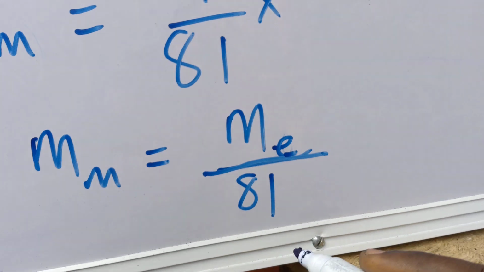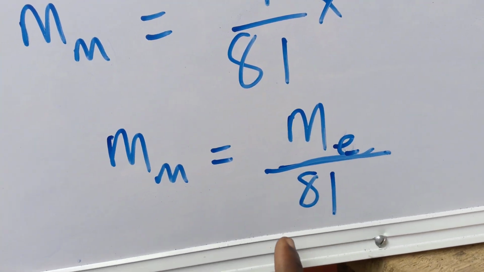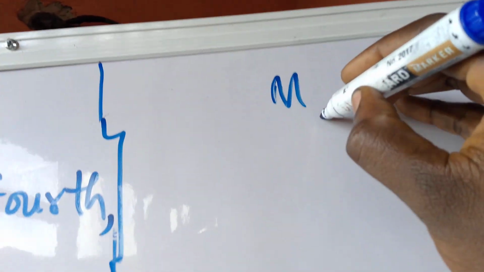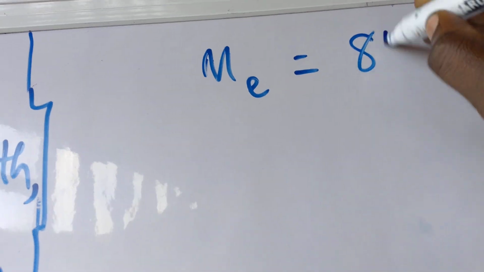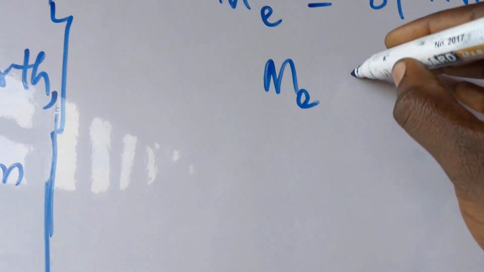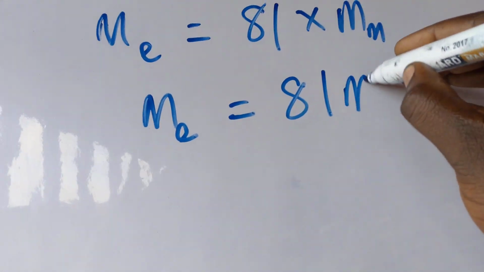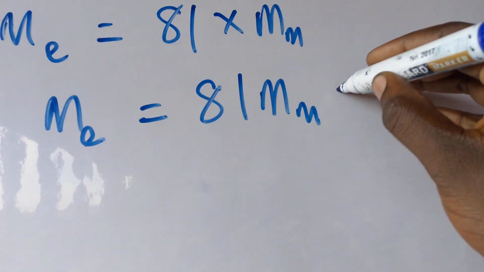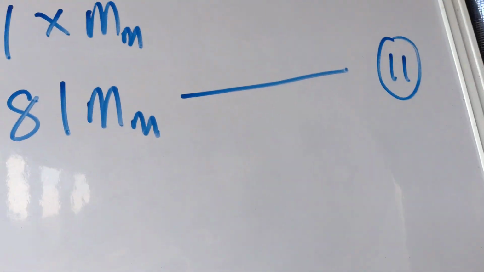And if I cross multiply, Me will be equal to 81 times Mm. That means that the mass of the Earth will be 81 times the mass of the moon. Therefore, the mass of the Earth is 81Mm, which I can call equation 2.